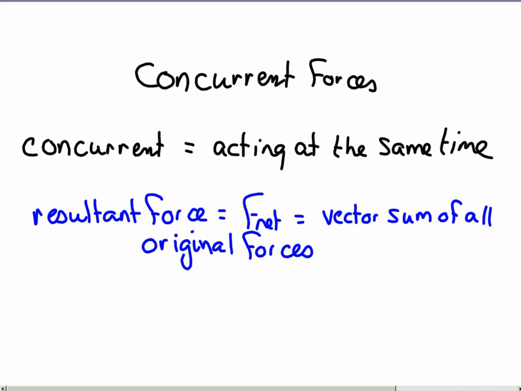And the resultant force then can be represented by a single force that can be placed in the diagram that will act the same as all of the original forces.